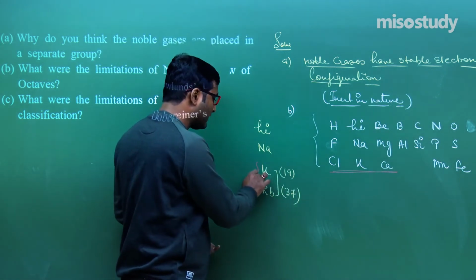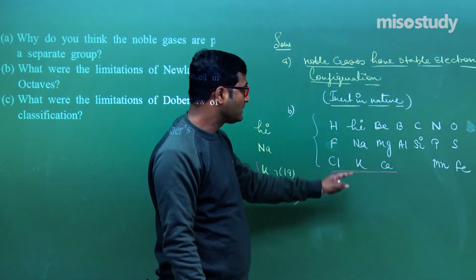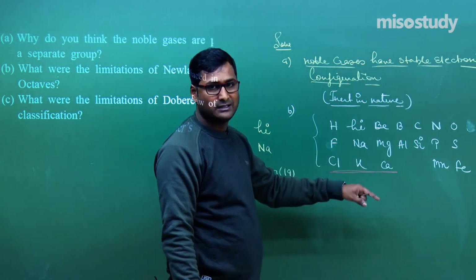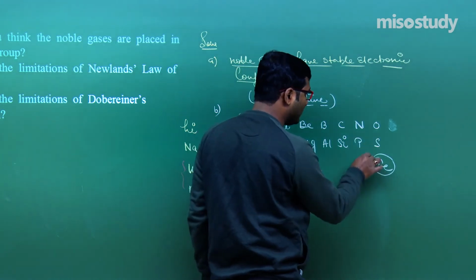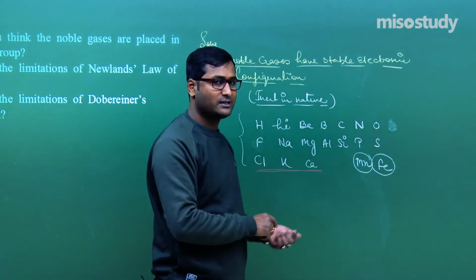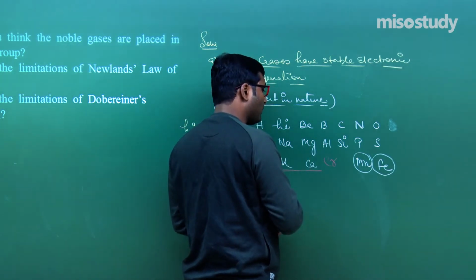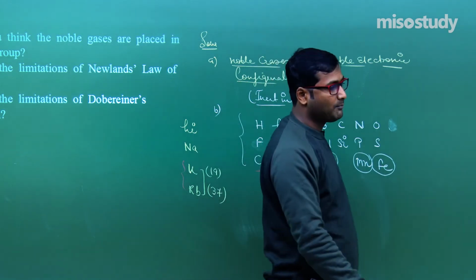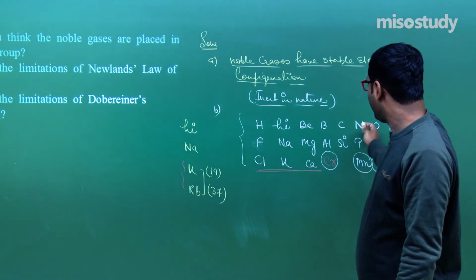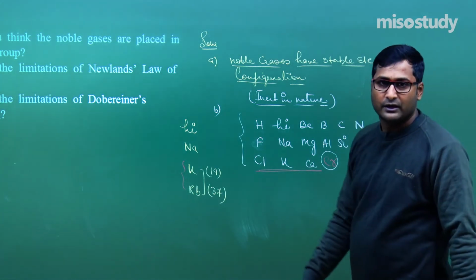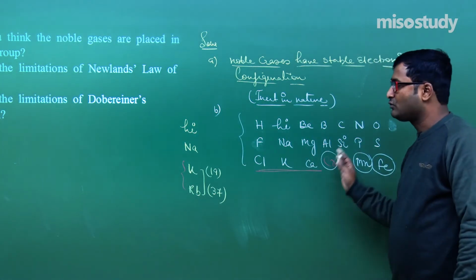So this is valid only up to calcium. Here Fe is placed with oxygen, not possible. Mn is placed with nitrogen and phosphorus, they all are metals. Chromium is placed with aluminium, this is not possible. So similar elements are placed in different groups. Due to this reason, this law is not taken into consideration further.